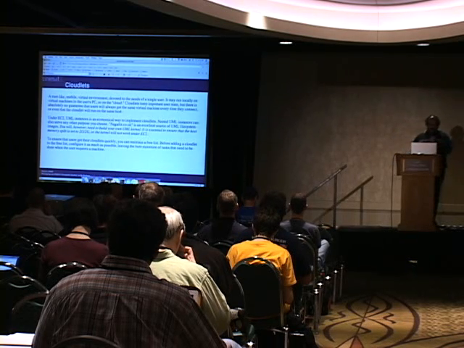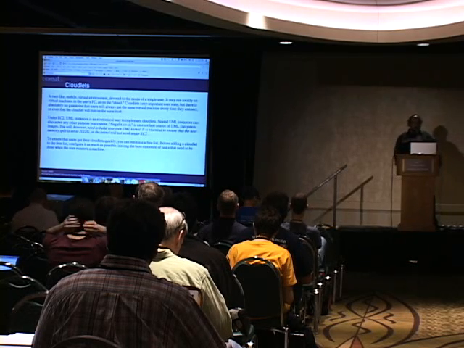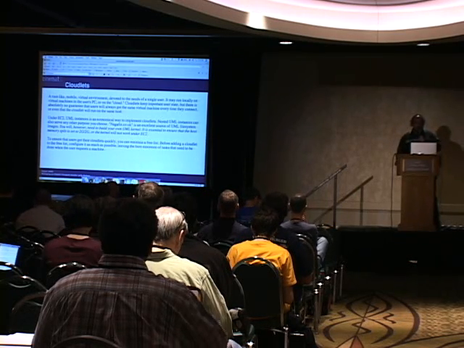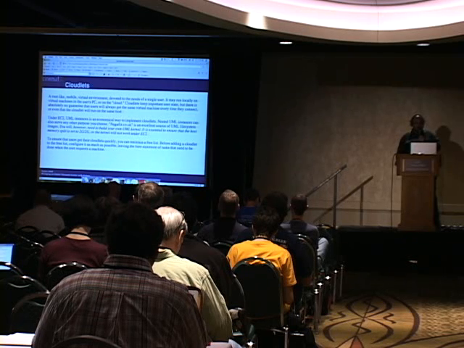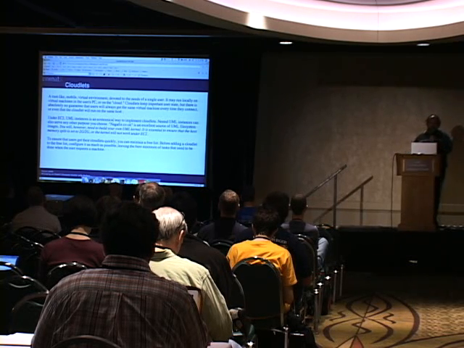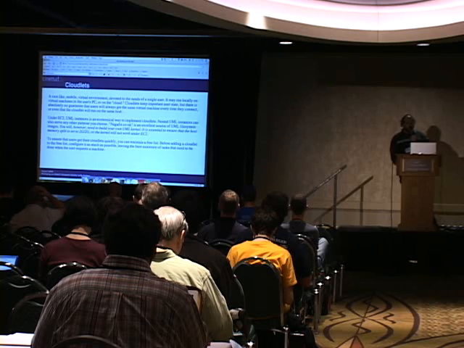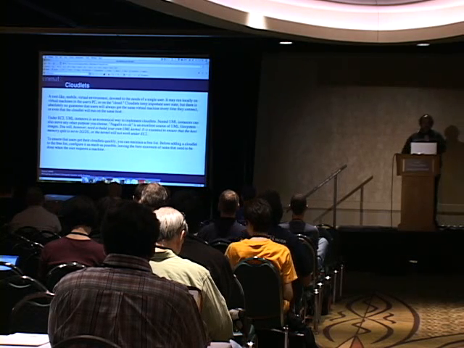Okay, so first of all, we get to cloudlets. What we were thinking of doing is that virtualization has actually gotten cheap enough now that you can support every single user on their own little virtual machine. So how do you talk about this? Well, we call it a cloudlet. It's basically a little piece of the cloud assigned to a specific user and following that user's needs.